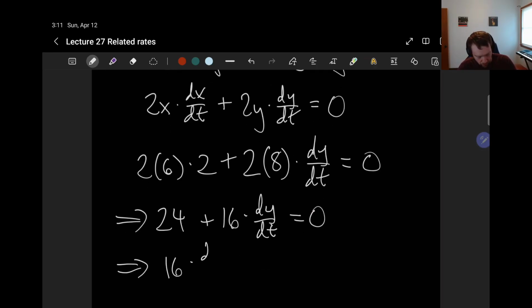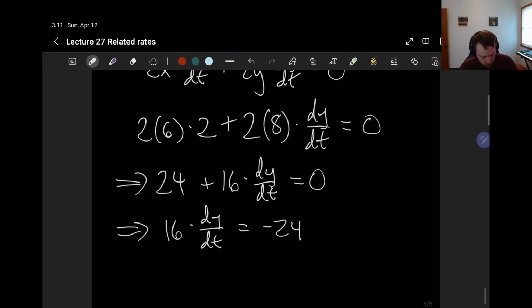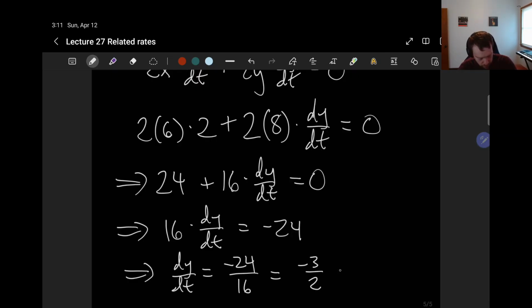So subtract 24 from both sides. And when you divide by 16 and reduce, get negative 3/2. It's feet per minute.